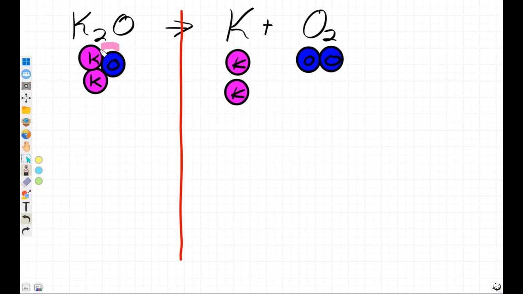Moving on to the oxygens, we have 1 on this side right here and 2 on this side over here. So I'm going to have to create an extra oxygen. And there we go.